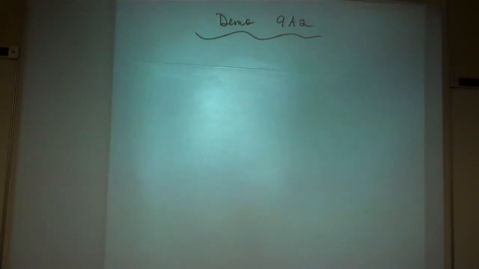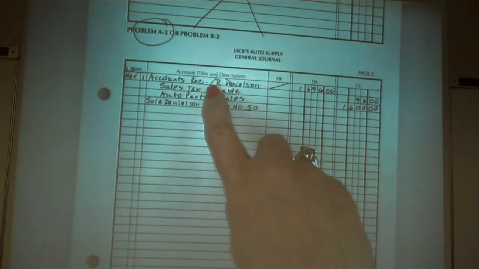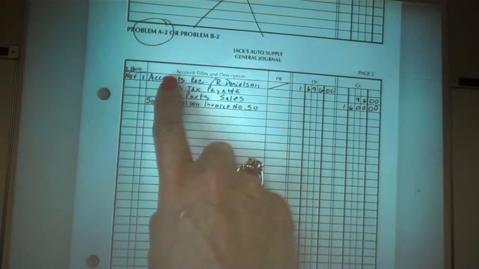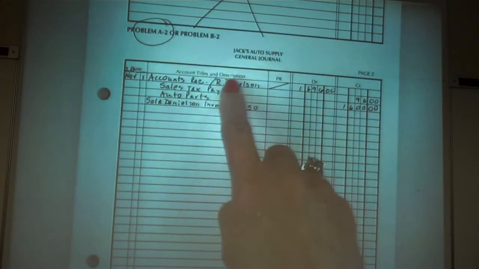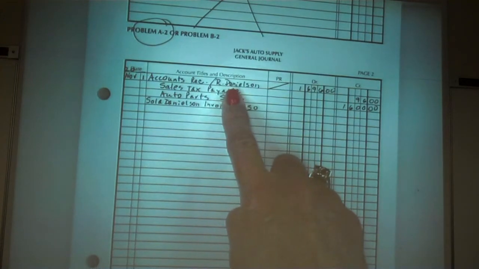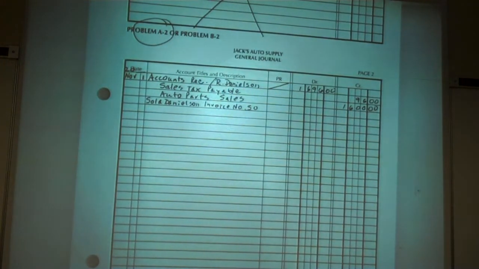The first thing we did was we were recording the transactions, and I think we had about 6 of them. And I asked you to use your diagonal between the accounts receivable, which is the controlling account, and the subsidiary ledger, the name of our customer, and then put a diagonal in the post-reference column.